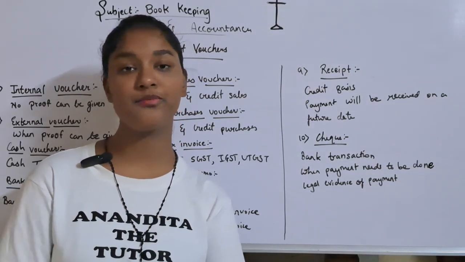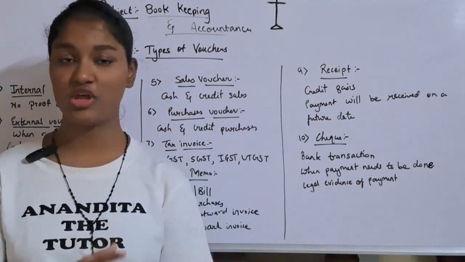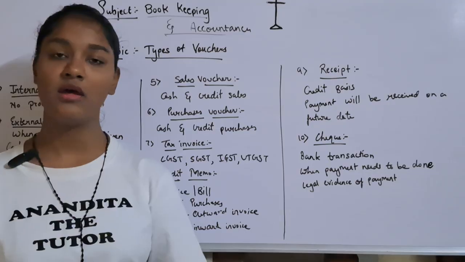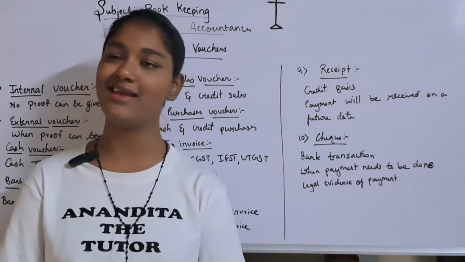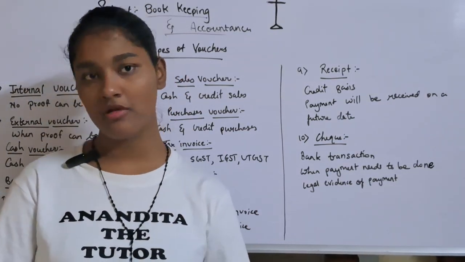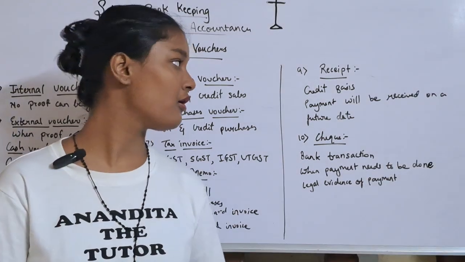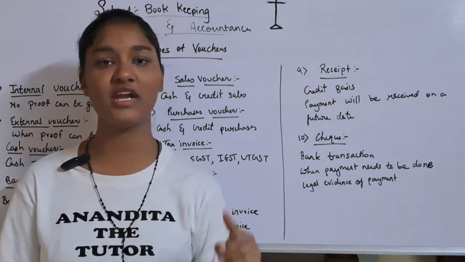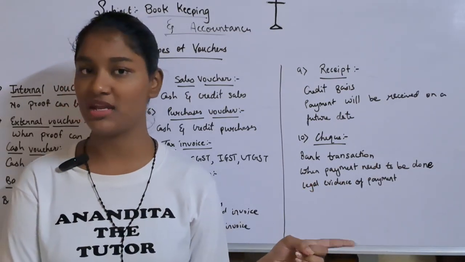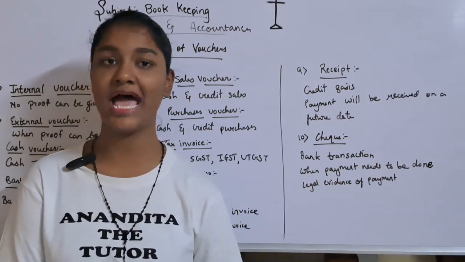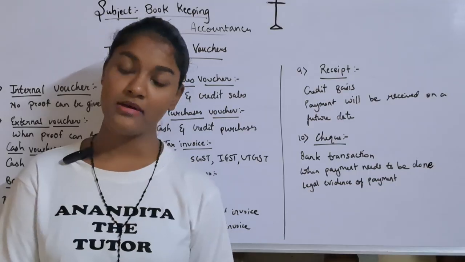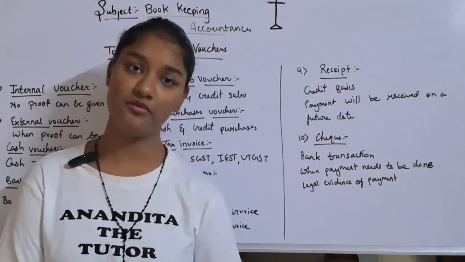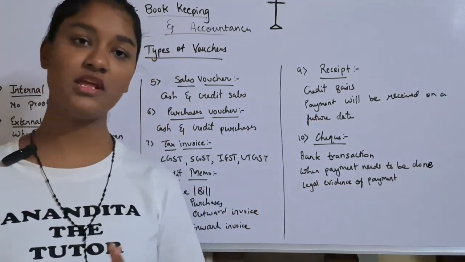So अभी के लिए she has just promised me, in reality she hasn't paid me the money, therefore I haven't received the money in reality, but I am going to receive that. So that is called a receipt. Okay, so payment will be received on a future date. अभी मेरे लिए future date मतलब कभी आएगा, अगले महीने. So for now, till I receive the payment, it is called a receipt. अभी जब भी मैं real में receive करूंगी, that will be called an income.